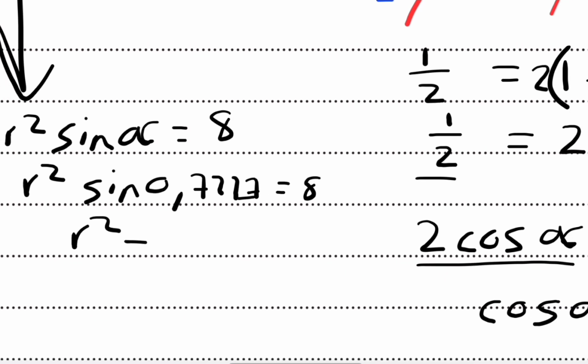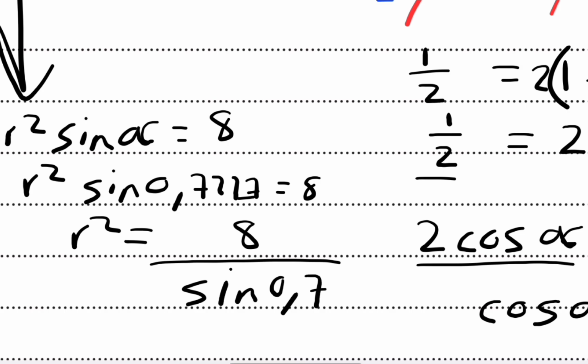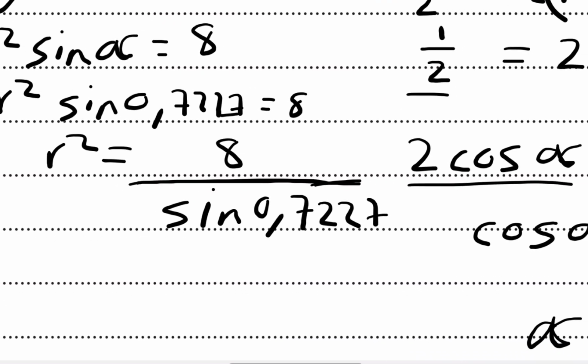So r squared equals 8 over sine 0.7227, right?